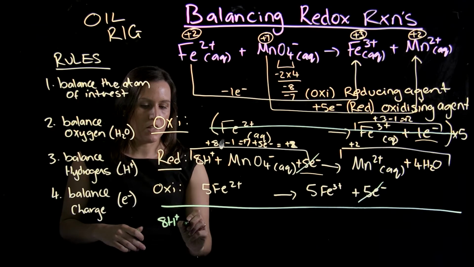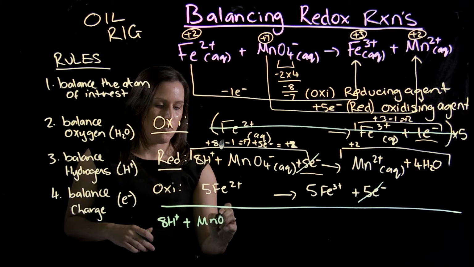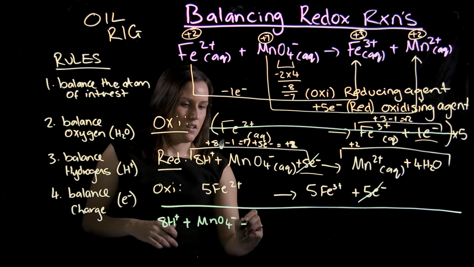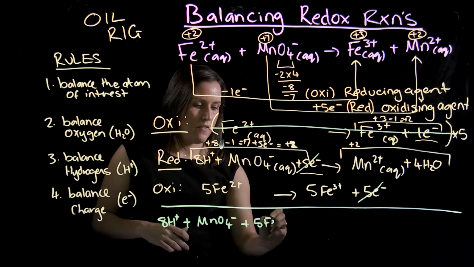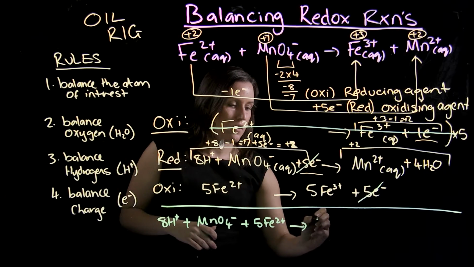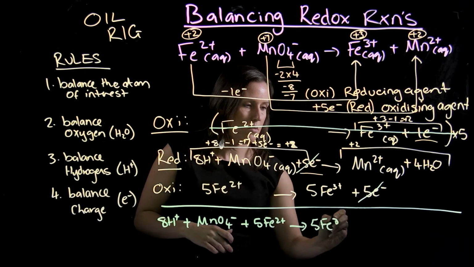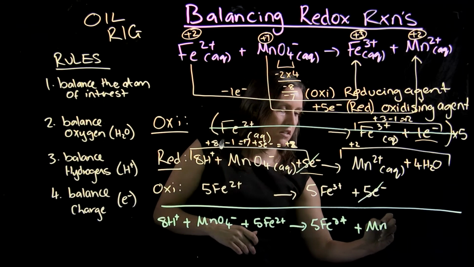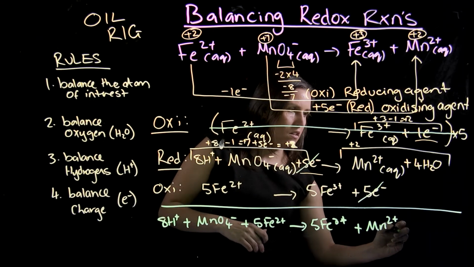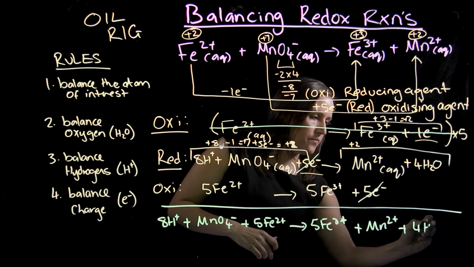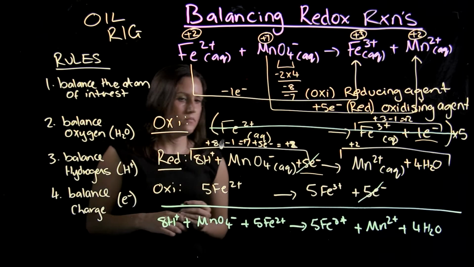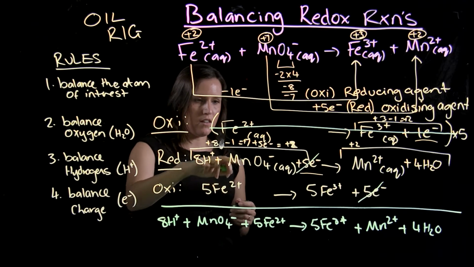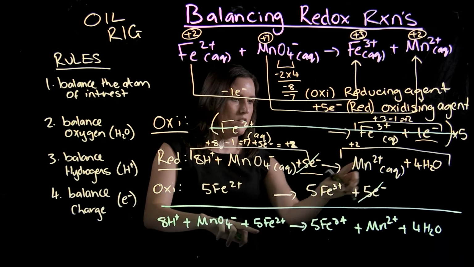Okay, so 8H plus, MnO4 minus, plus 5 Fe2 plus, going to 5 Fe3 plus, Mn2 plus, plus 4 waters. Okay, so I'll just cross-check that I've done that right.